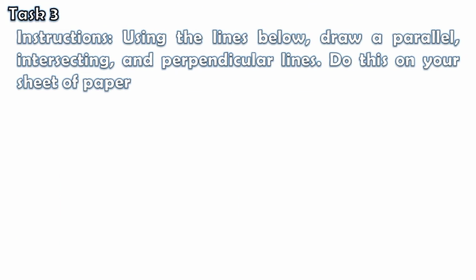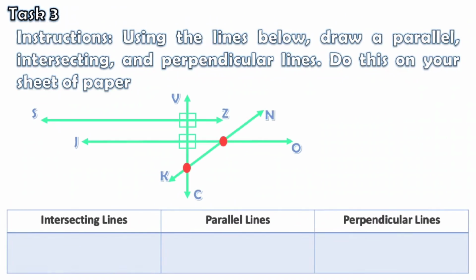Now, try to answer task 3 of your module. Instructions. Using the lines below, draw parallel, intersecting, and perpendicular lines. Do this on your answer sheet. Now, let's draw the intersecting lines from our illustration. Did you notice and draw?